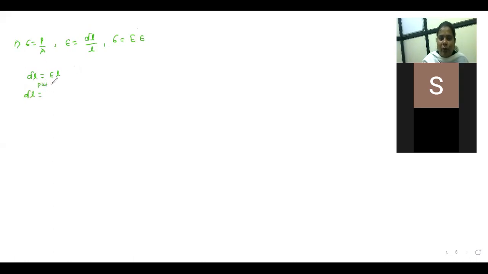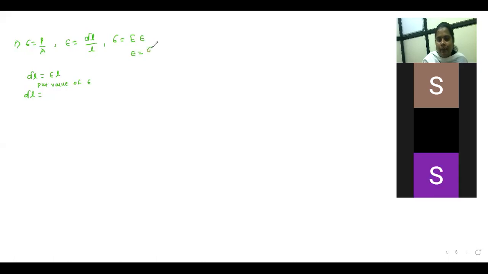Now I have to put the value of epsilon from this equation. Epsilon equals sigma upon E. So del L equals sigma upon E into L. This L we will take as it is.